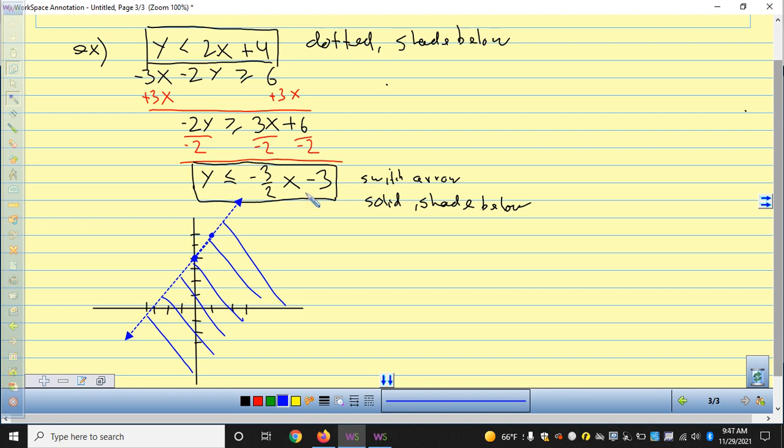All right, so we're going to graph this one. The y-intercept is -3, so I'm going to start down here. And the slope, I need a couple more hash marks here, is -3/2. So we're going to go down 1, 2, 3, and over 1, 2.